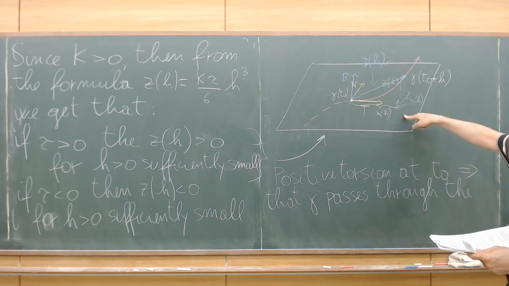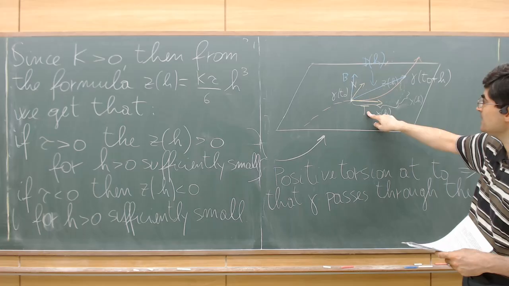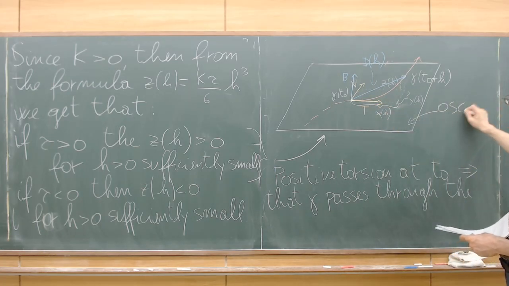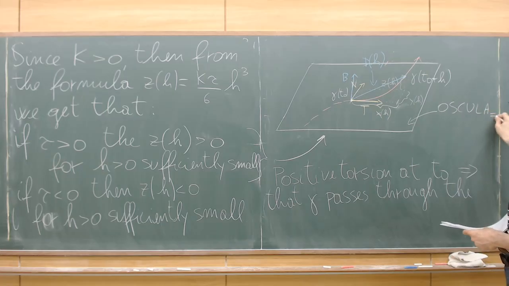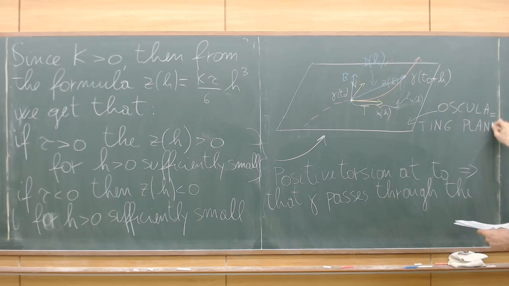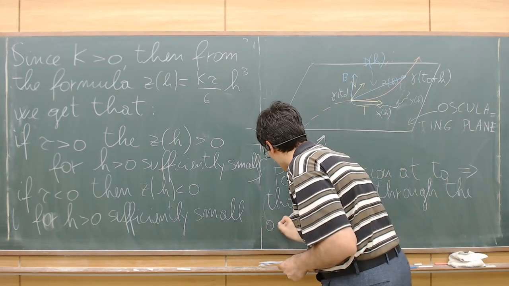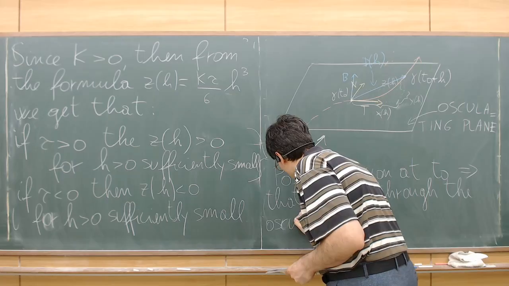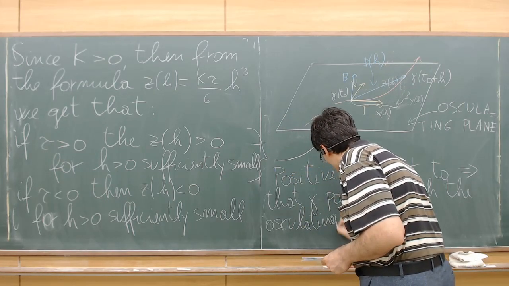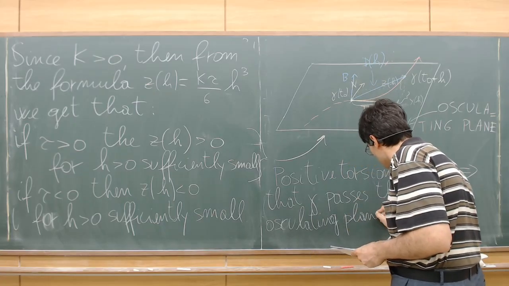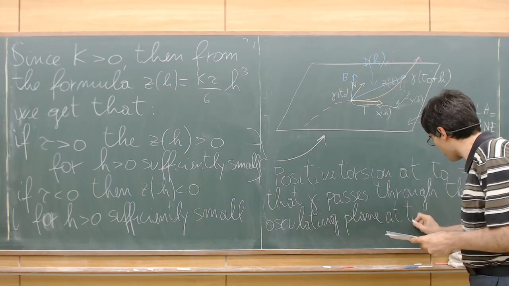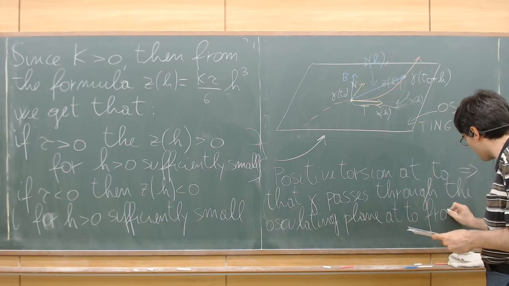But what is this plane? This is the plane spanned by T and N, so it is the osculating plane at t0, from below.